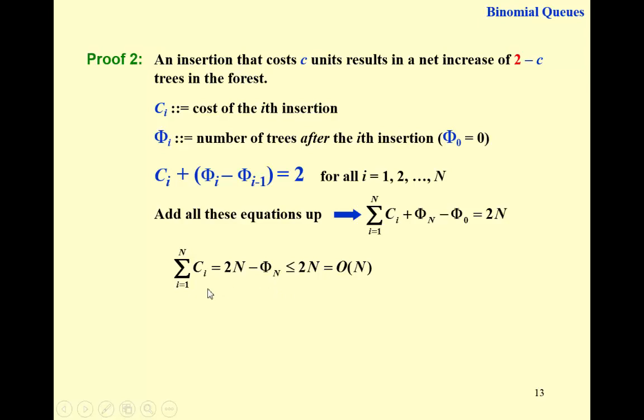So we have that the total cost is 2n minus some positive constant, bounded above by 2n, and therefore it's big O of n. And that finishes the proof. So our conclusion is that although for each insertion the worst case complexity can be as bad as log n, its amortized bound is a constant. It's just 2.